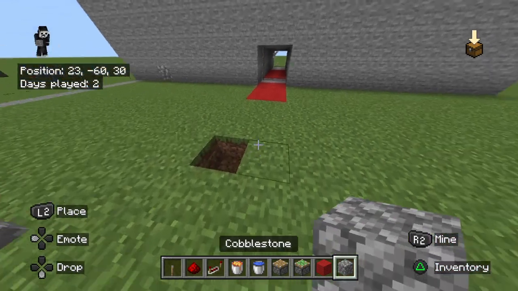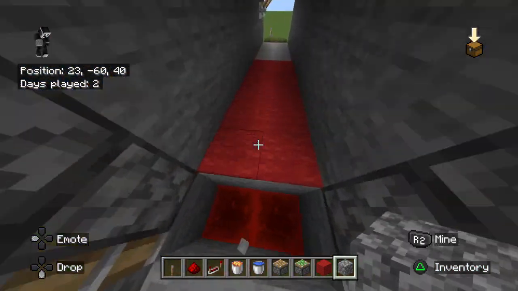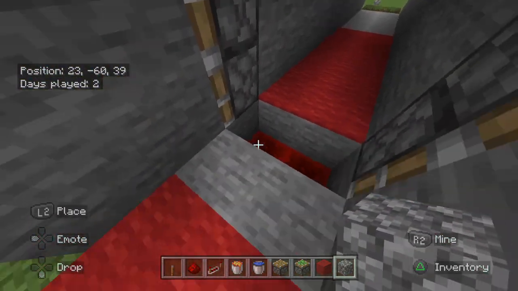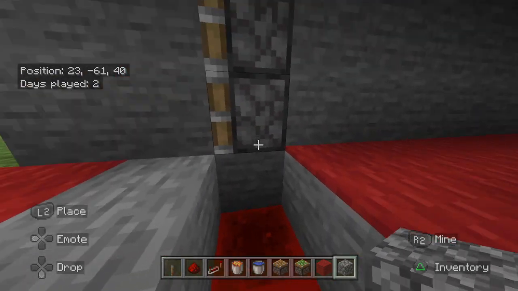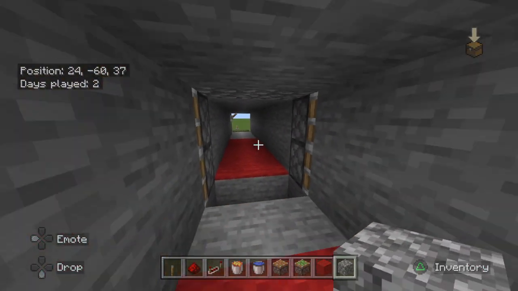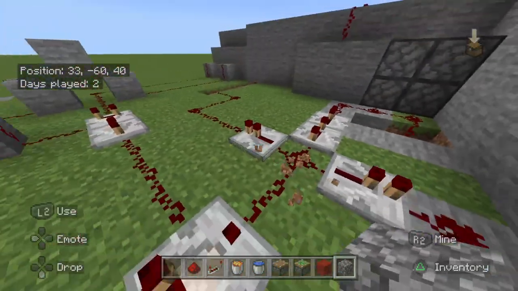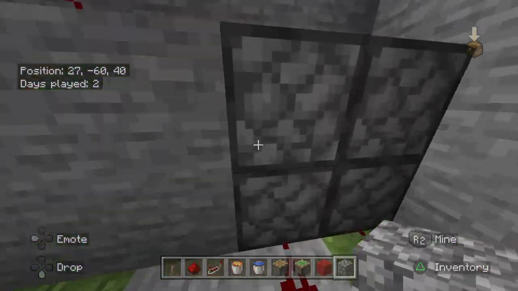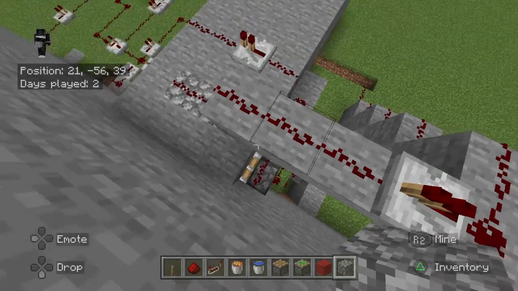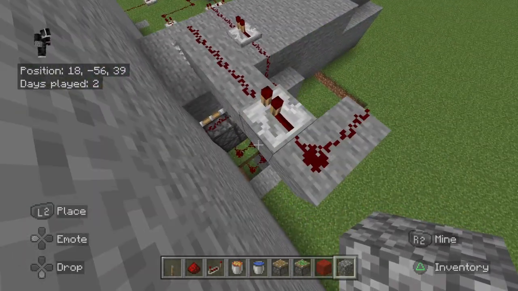Yep. And now the redstone gets powered. It pushes the redstone blocks up to hit this piston and this piston. And if you're wondering about the tick rate, the side ones aren't supposed to be too fast.